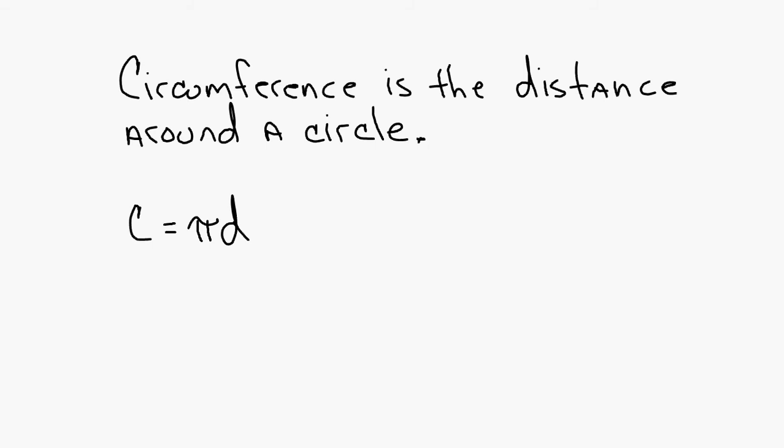Circumference is also equal to 2 times pi times the radius. Both of those formulas will give you the distance around a circle. Make sure you know this.